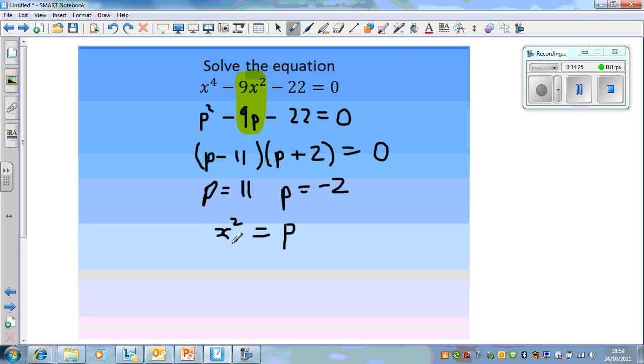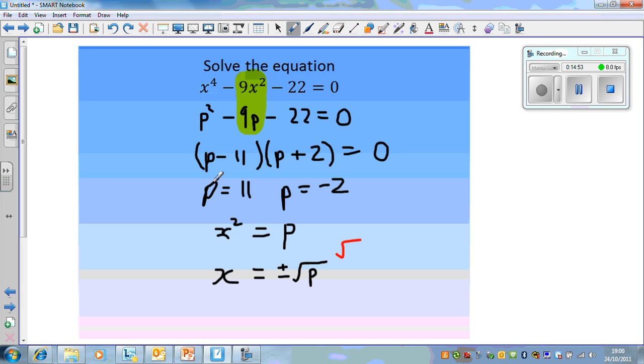Now, a bit of rearranging the formula here. Let's say we want to know what x is. At the minute we've got x squared, so we have to do the same to both sides. We're going to have to take the square root of both sides. So x has to be equal to, now remember, when we take the square root, we get a plus and a minus. So plus or minus the square root of p. Brilliant.